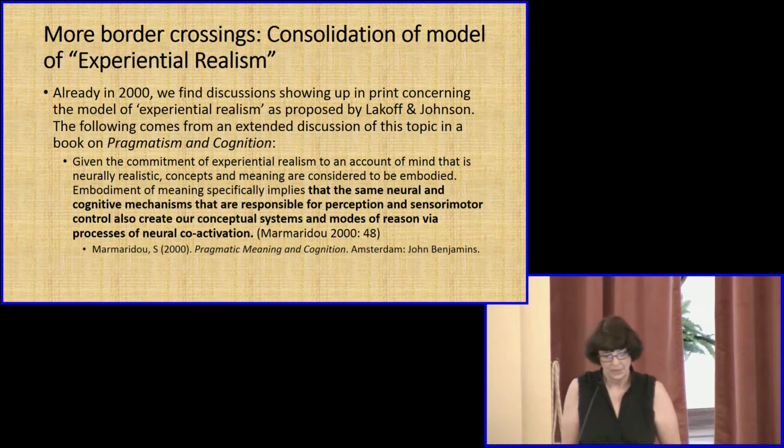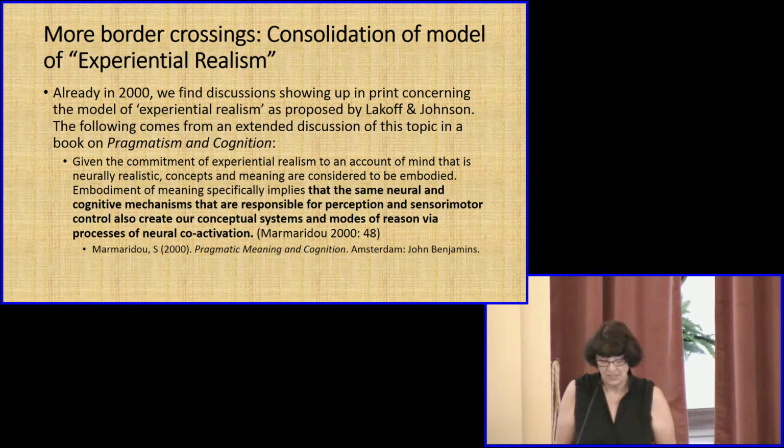Already in the year 2000, we find discussion showing up in print concerning the model of experiential realism as proposed by Lakoff and Johnson in its hardened form. This quote comes from a book called Pragmatism and Cognition.